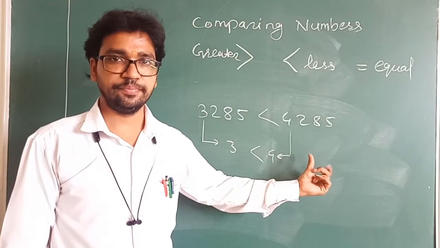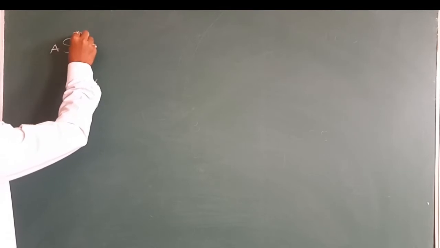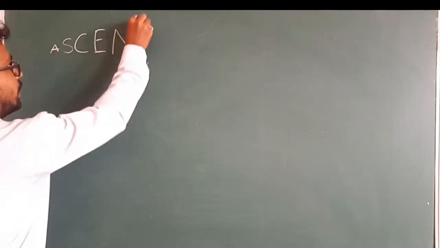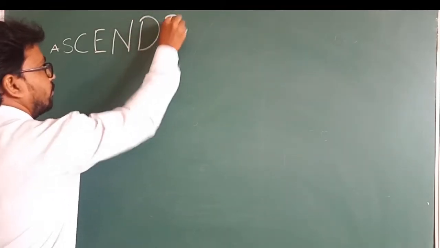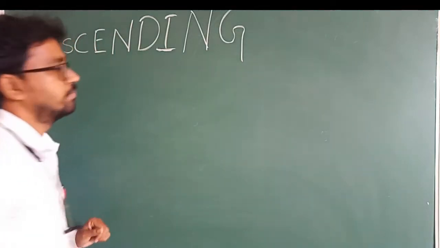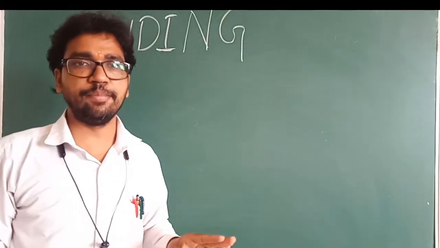Got it? Now new topic is ascending and descending order. So ordering the number, okay, ascending is what? Smaller to bigger. This is ascending. Okay, is smaller to bigger number. It is ascending. And descending is what?